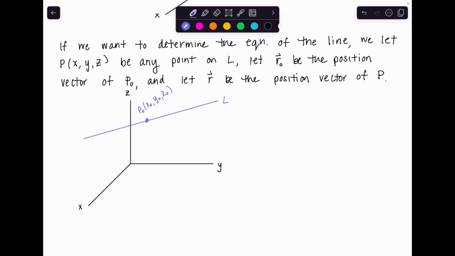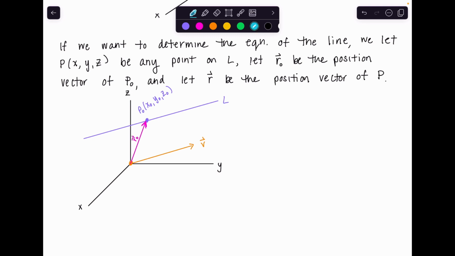Okay. Then I also know this direction vector v, so that passes through the origin and it runs parallel to L. Okay. So the vector r naught is defined by going through the origin, and its endpoint is going to be at P naught. So this is r naught here.